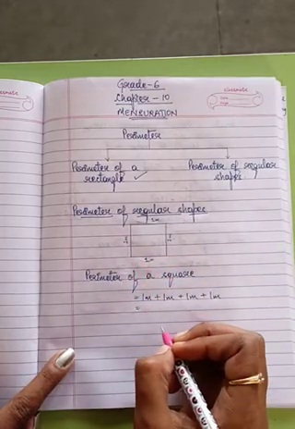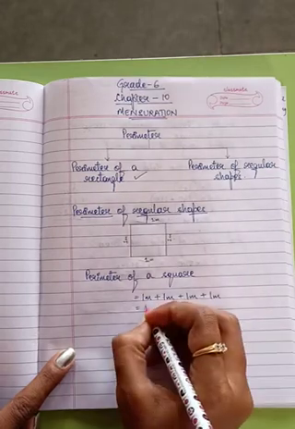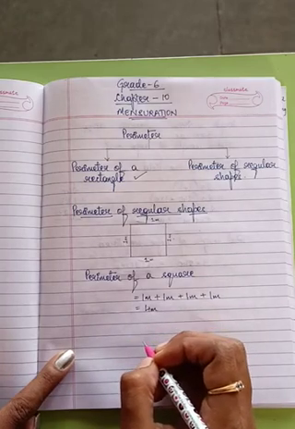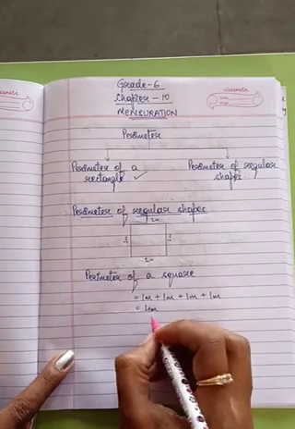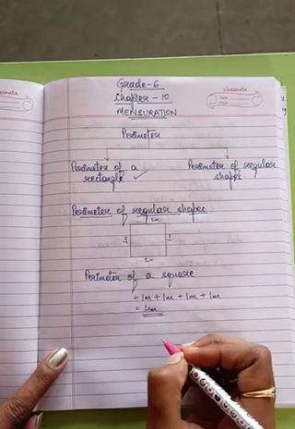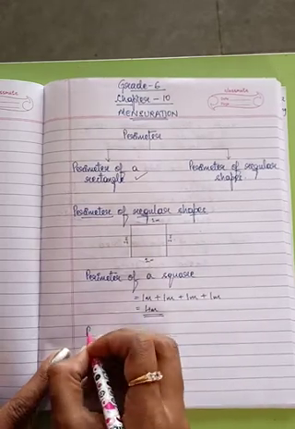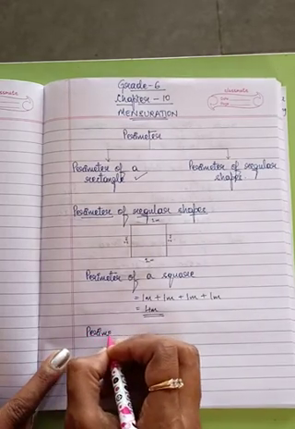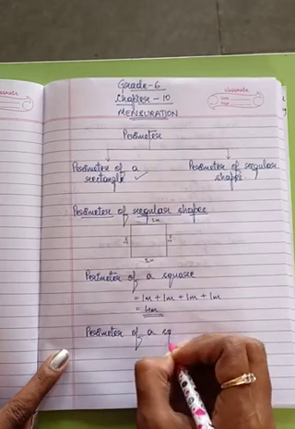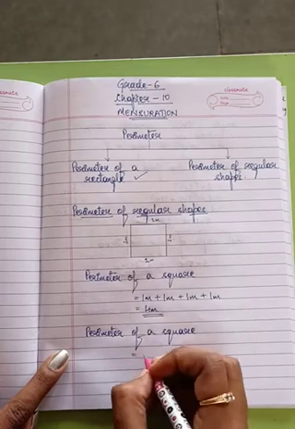Now let me add 1 plus 1 plus 1 plus 1. I get 4 and the SI unit is 4 meter. So this is my perimeter. But let us arrive at a formula, that is perimeter of a square is equal to 4.